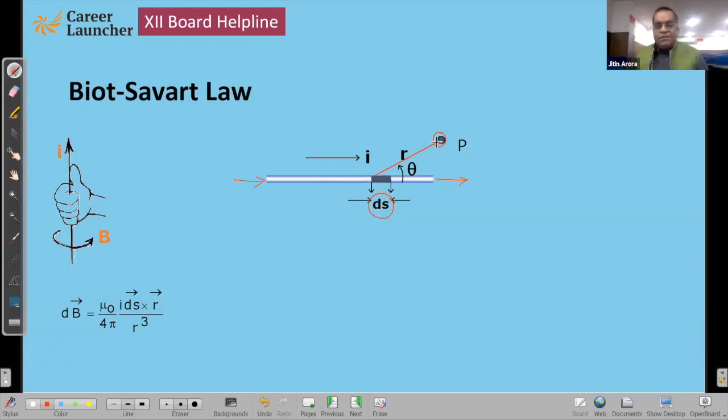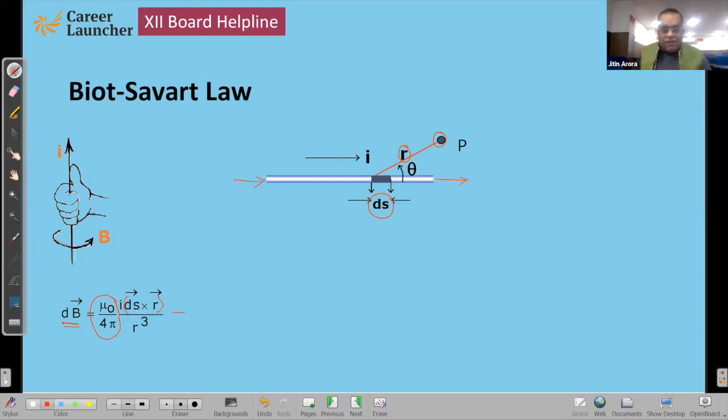So point P पर अगर मुझे magnetic field निकालनी है, so R denotes the position of the point from this element. So the magnetic field due to this small element is given by mu naught by 4 pi, which is a constant, I dl cross R or ds cross R divided by R cube.